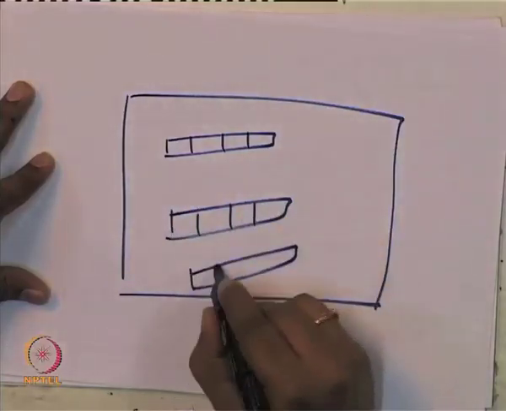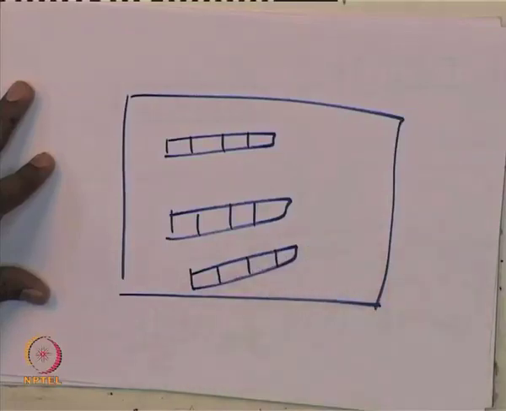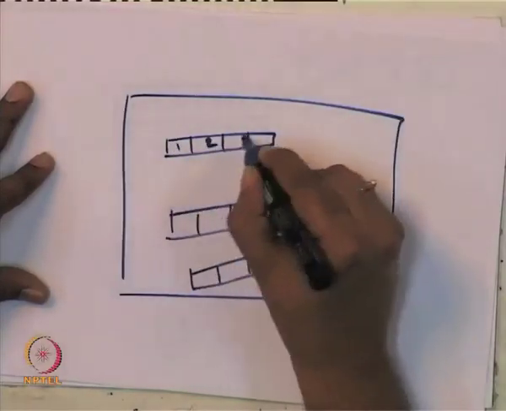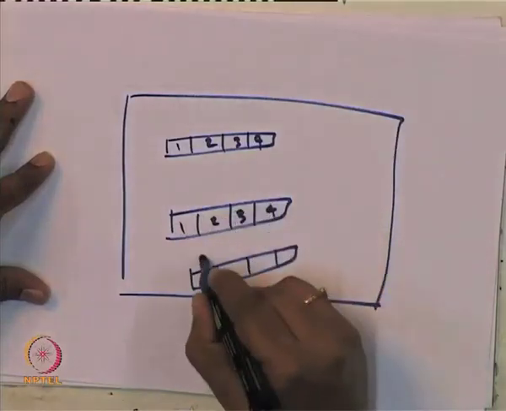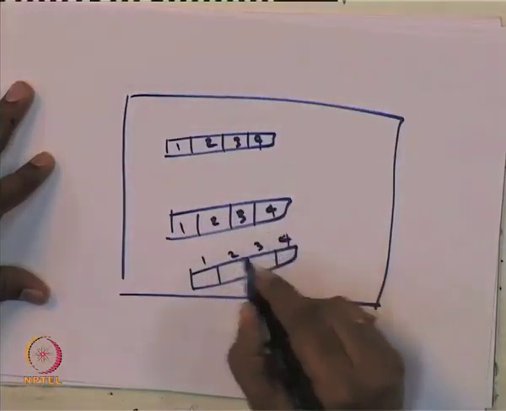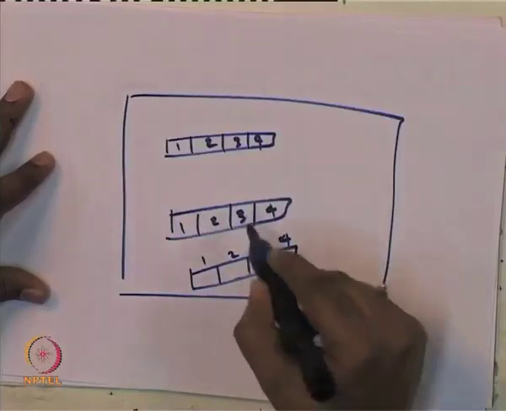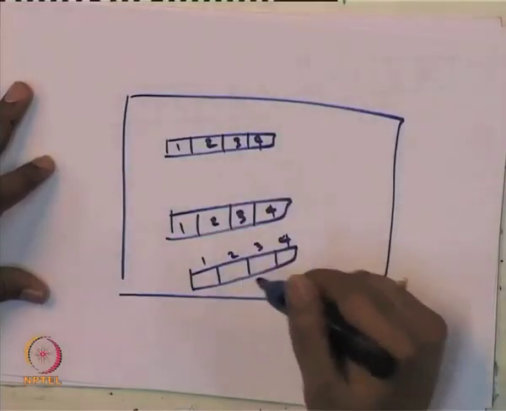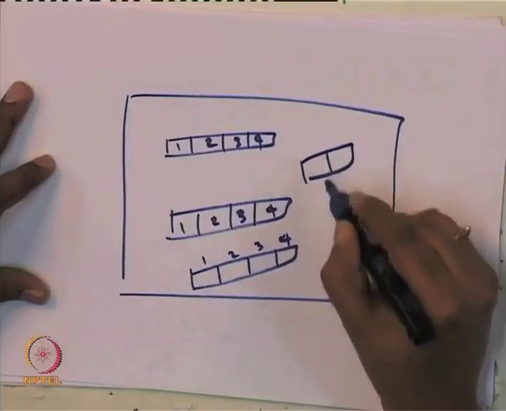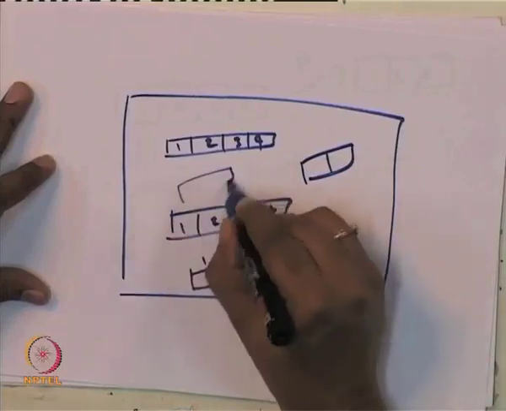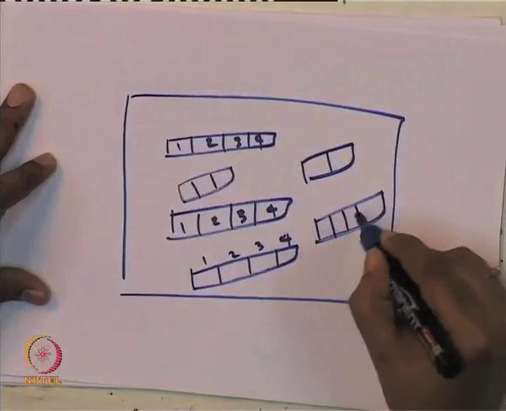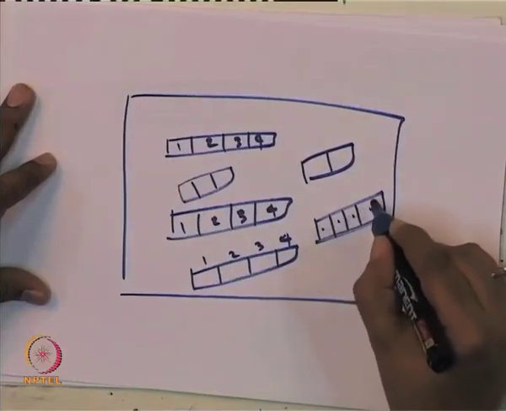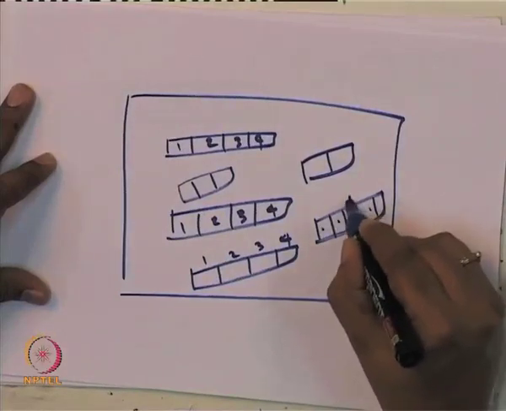You can think of this as 1, 2, 3, 4; 1, 2, 3, 4; 1, 2, 3, 4. So, these are 3 filaments with 4 monomers. Now, let us say there are some with 2, some with 3, some with 5, 1, 2, 3, 4, 5. So, this is 5, this is 2.